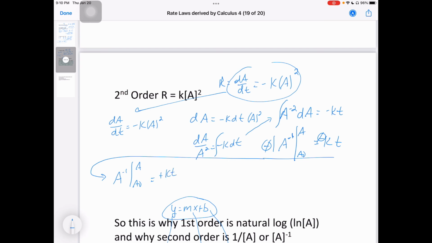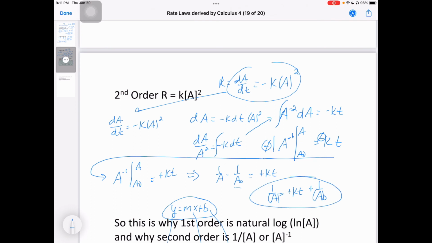So what does A to the -1 mean? It means 1 over A minus 1 over A0 equals positive kt. And I'm going to move this term over here, in which I get 1 over A equals positive kt plus 1 over A0.